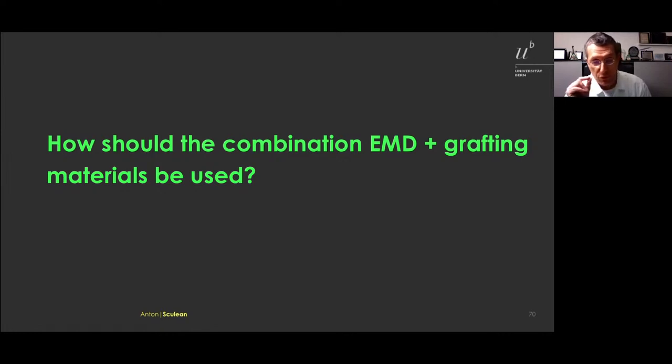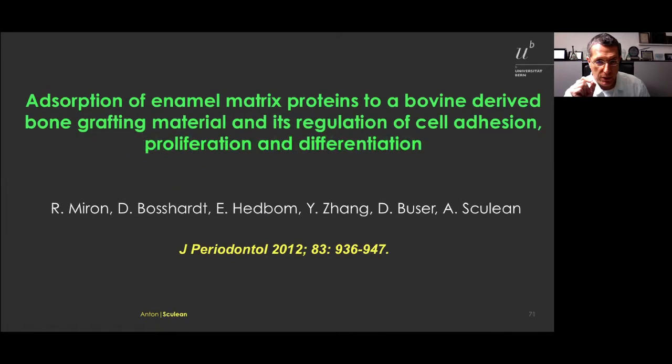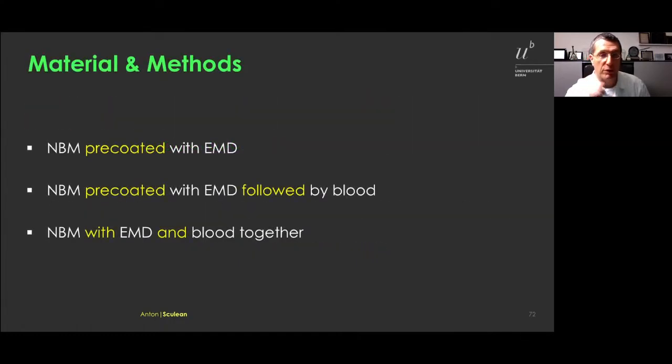However, if you use this combination in daily practice, how should you use it? Should you combine it first with blood or with EMD? Don't forget that this is an important clinical question, and we looked at it. So we pre-treated some groups.